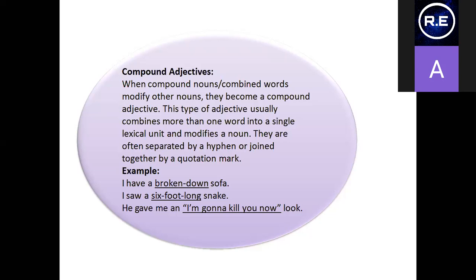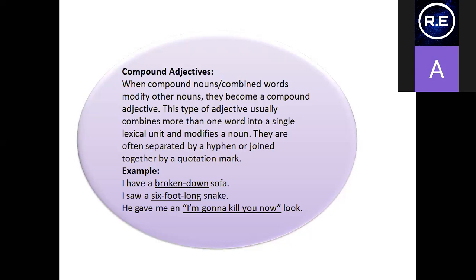So if I say, I have a broke down sofa. I have a blind bad cat. Oh my god. Yes, so I'm describing my cat to be as blind as a bat. I saw a 6-foot long snake.